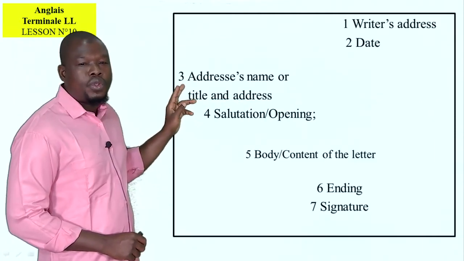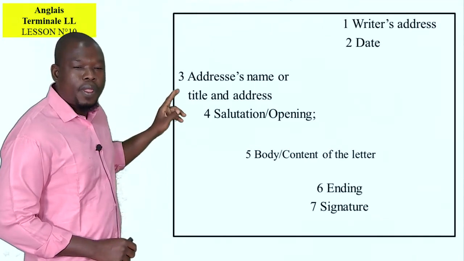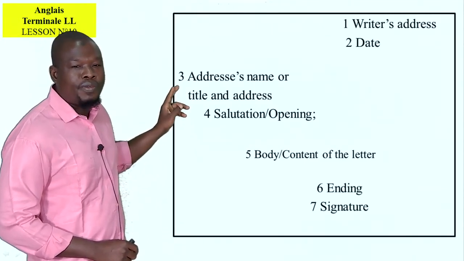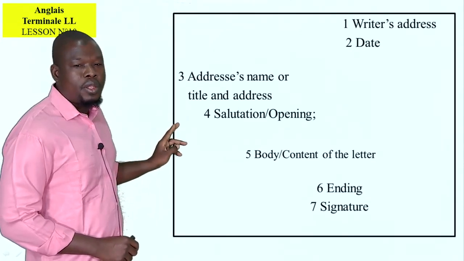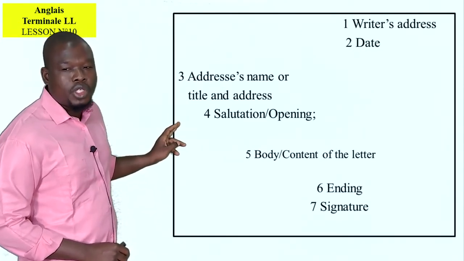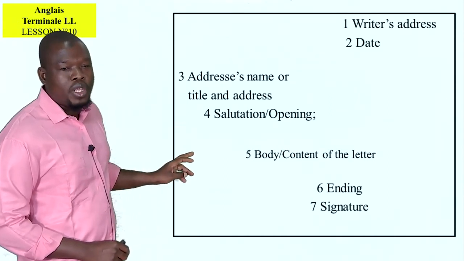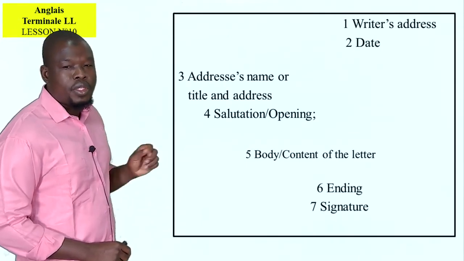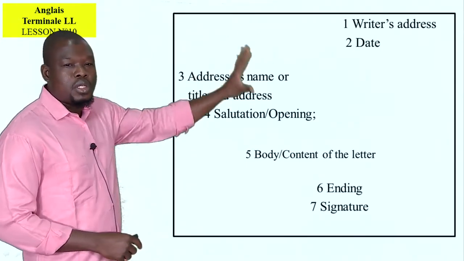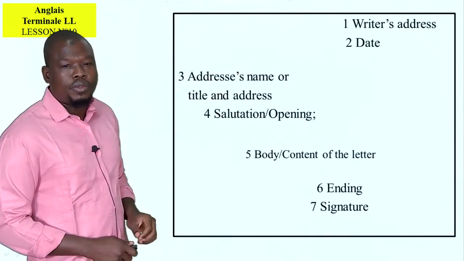Here we have the addressee's name or title, or if you want, the receiver's name, title, and address. And then here we have salutation or opening. We have the body or the content of the letter. We have the ending and the signature. This is how you can use the page.